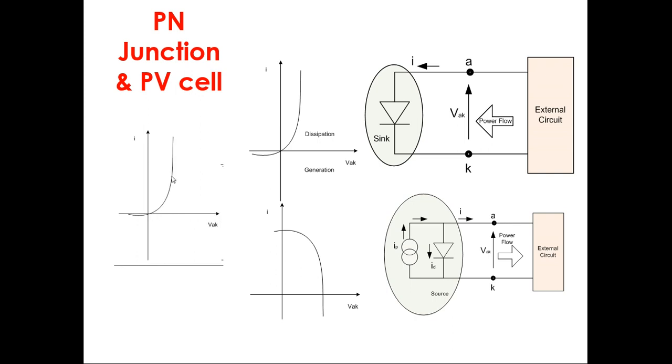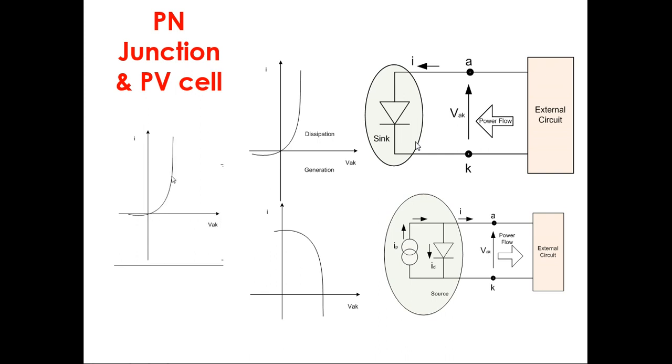Now this is very interesting, how we can say that this is a PN junction. If we talk about the PN junction, we have the external circuit for the PN junction in this case, and the power will flow from the external source to the diode, provided that some load is connected over here.